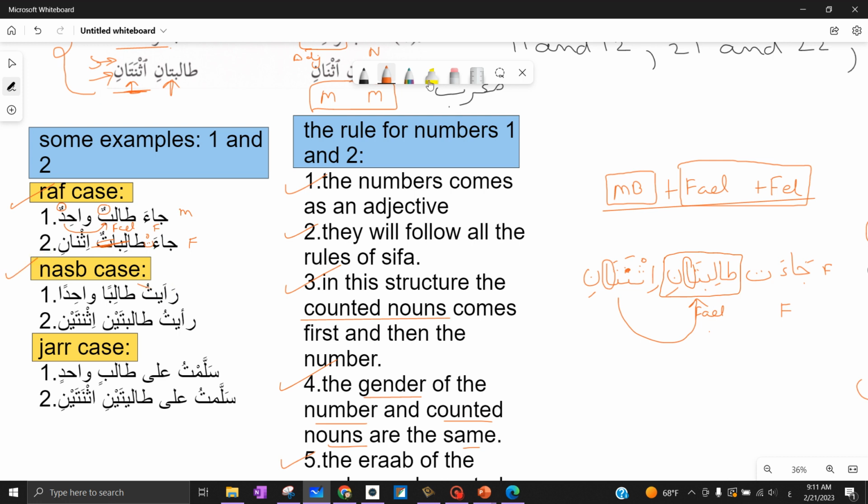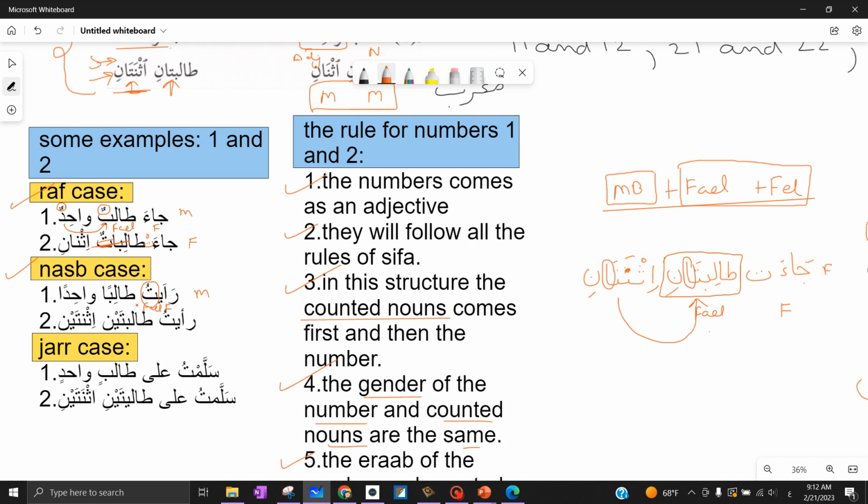Ra'aytu taliban wahidan. So where is our fa'il here? This is for male. Where is our fa'il? Ra'ay, this is our fi'l, and where is our fa'il? Fa'il is the damir. So we got fi'l and fa'il.